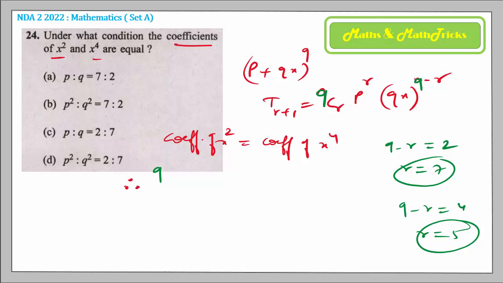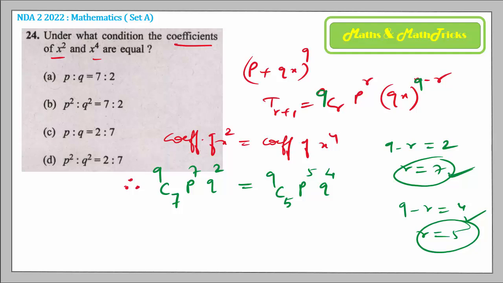How do you write it? For the x^2 coefficient, r is 2, so 9C2 p^7 q^2, because the x^2 coefficient we are writing. Then for x^4, r is 4, so 9C4 p^5 q^4.